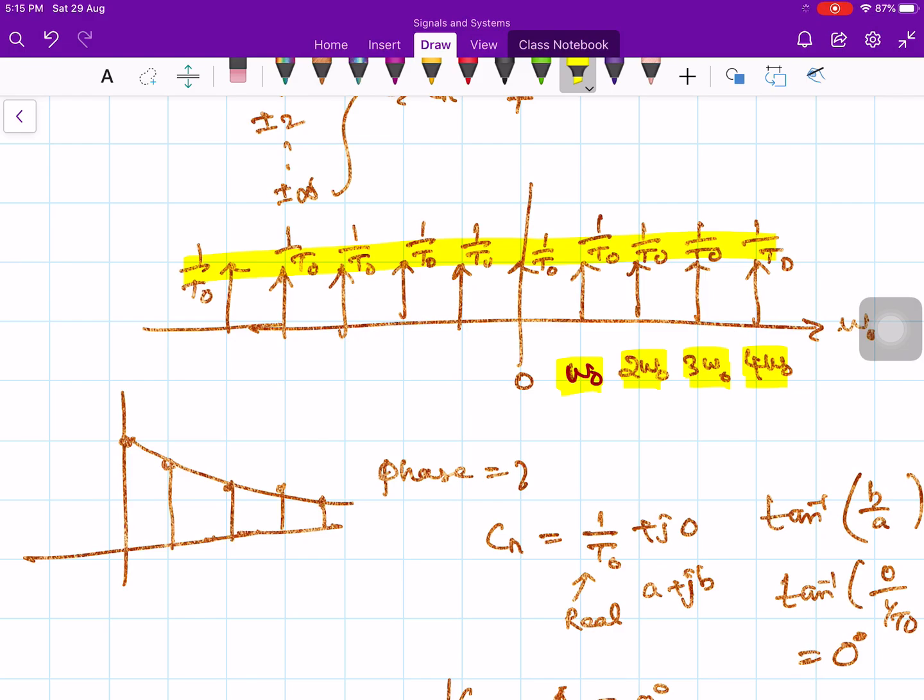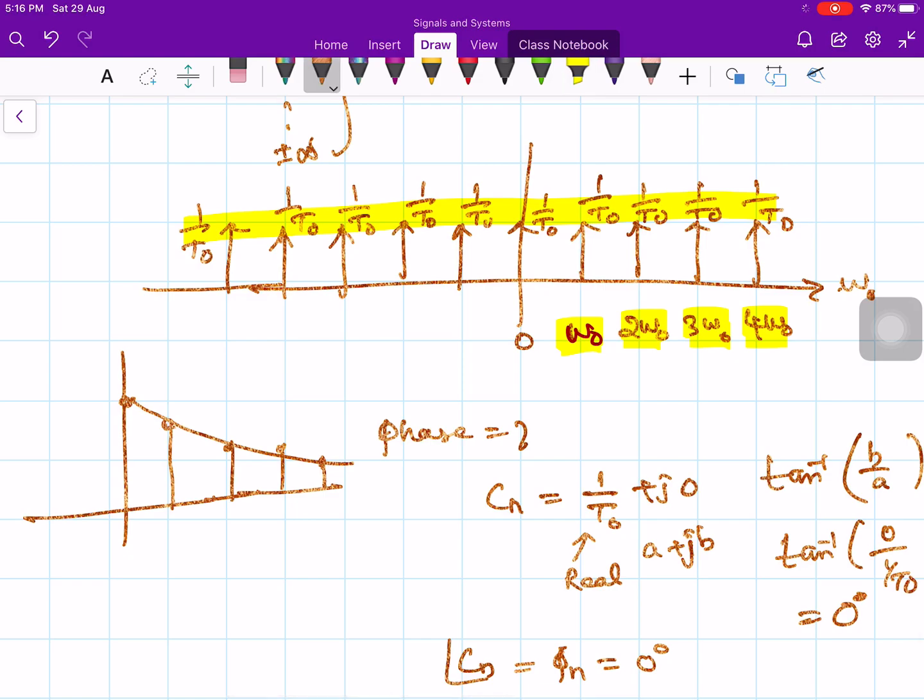For all ordered harmonics, the amplitude remains the same, that is, impartial to the order of the harmonic. All harmonics have equal strength.